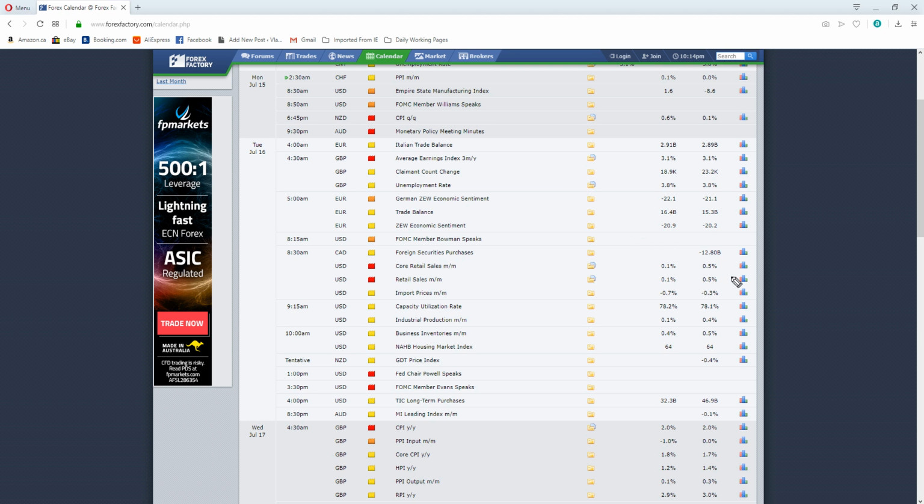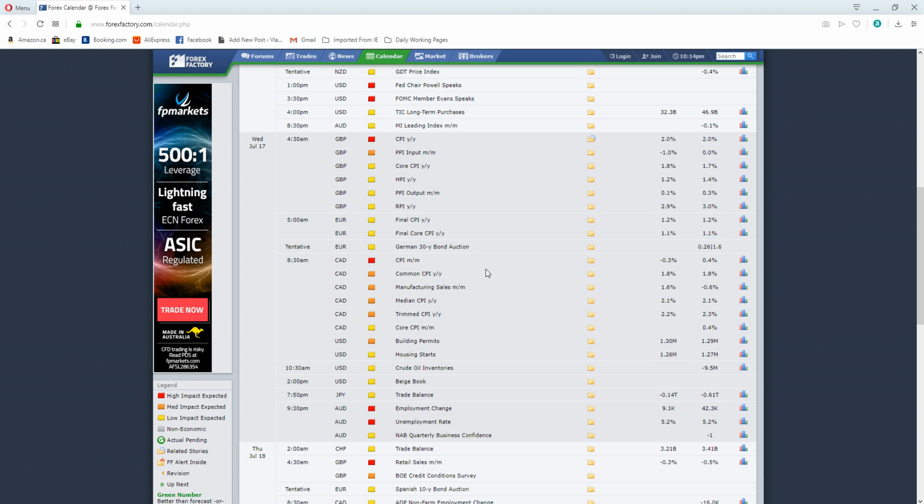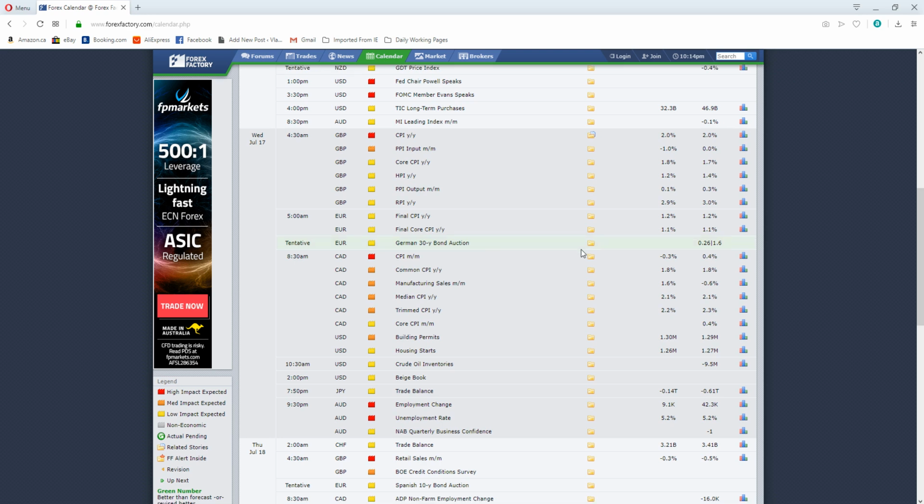And very important thing to pay attention to, the retail sales and the core retail sales in the US, which is expected to drop. Speech from the Federal Reserve Chairman Powell and the FOMC member Evans. CPI from Britain, CPI in Canada. If that goes negative, the chances that Canadian Bank will decide to cut the rate as well would increase.